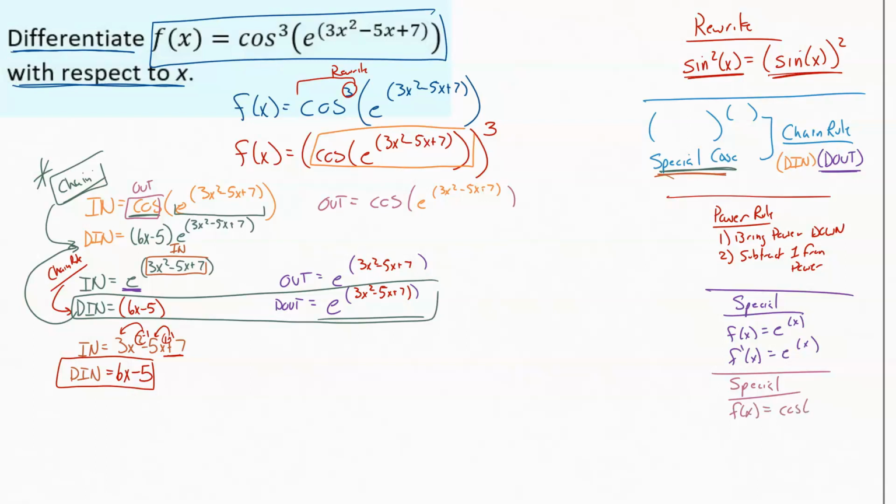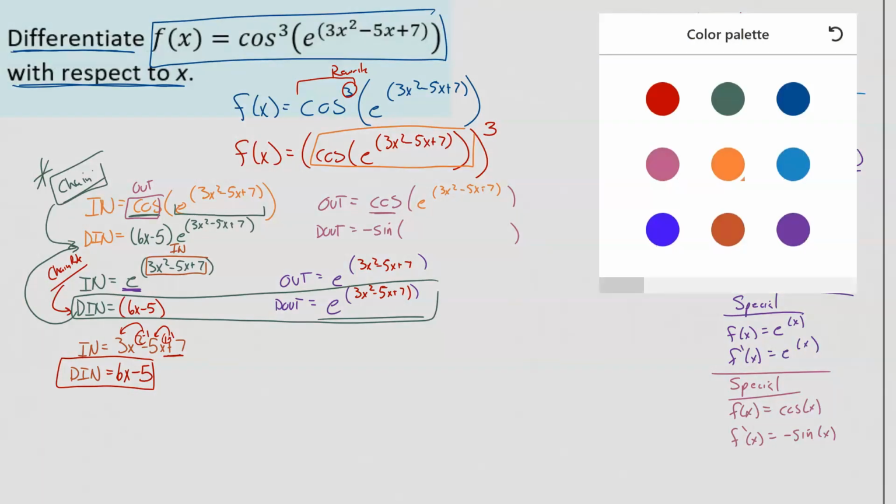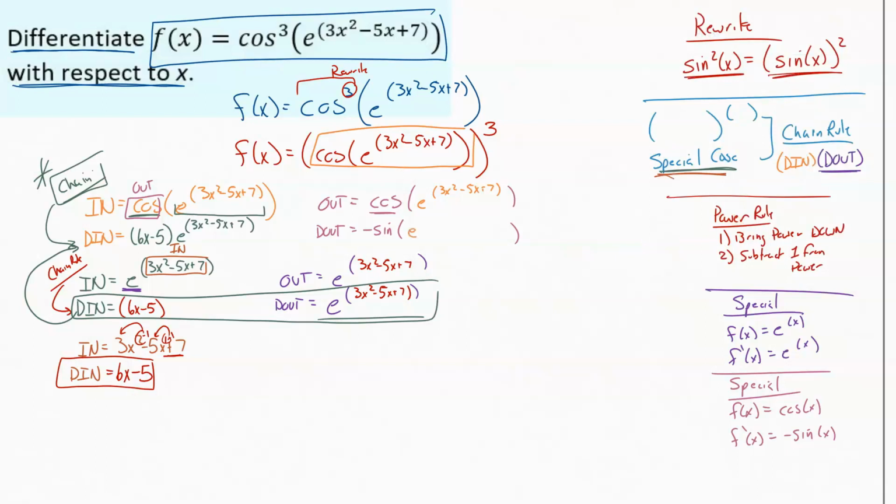The derivative of cosine is negative sine. So our d out right here is going to be negative sine, and then we leave alone all the junk that we already took the derivative of, this e to the 3x squared minus 5x plus 7.